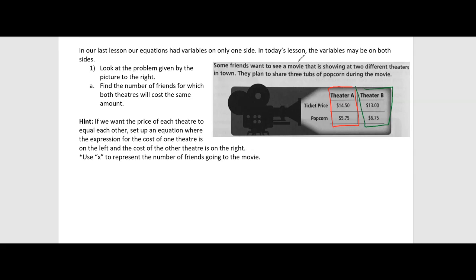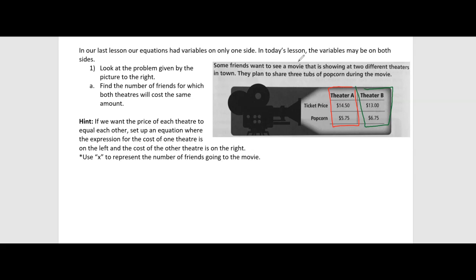So if I had 5 friends, would theater A cost the same amount for them to go to as theater B would? Or maybe it's 6 friends, or maybe it's 9 friends. We need to find that amount of friends where both theaters would cost the entire group the same amount. So my hint is, if we want the price of each theater to equal each other, set up an equation where the expression for the cost of one theater is on the left, and the cost of the other theater is on the right.